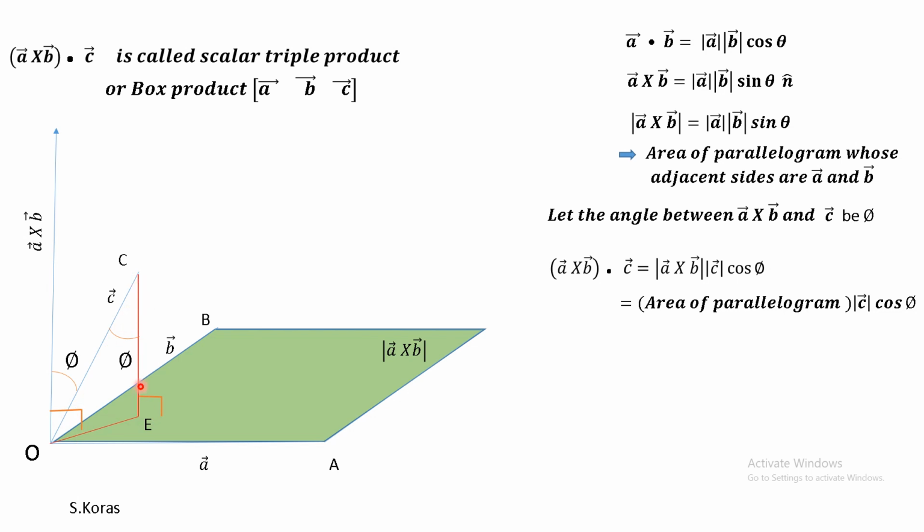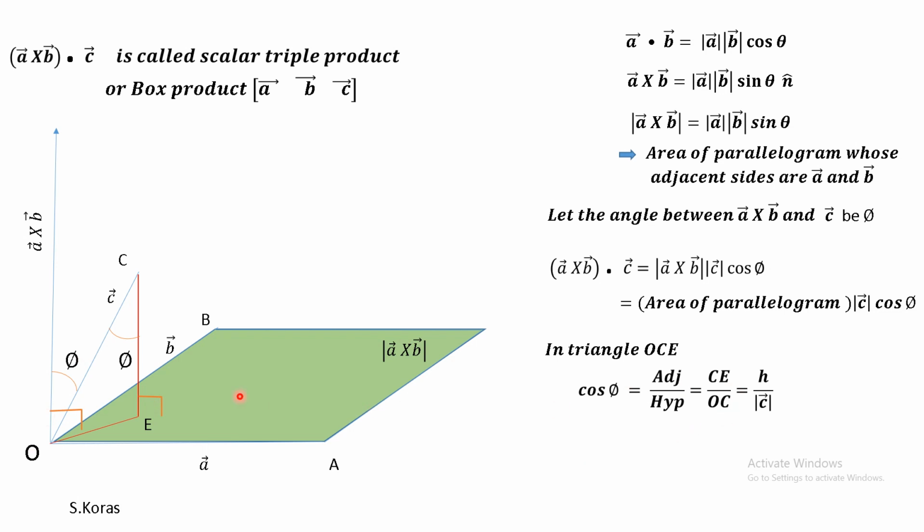Now let us try to find cos phi in the triangle OCE. Cos phi is equal to adjacent side by hypotenuse. As I told you, our adjacent side is CE and our hypotenuse is OC.